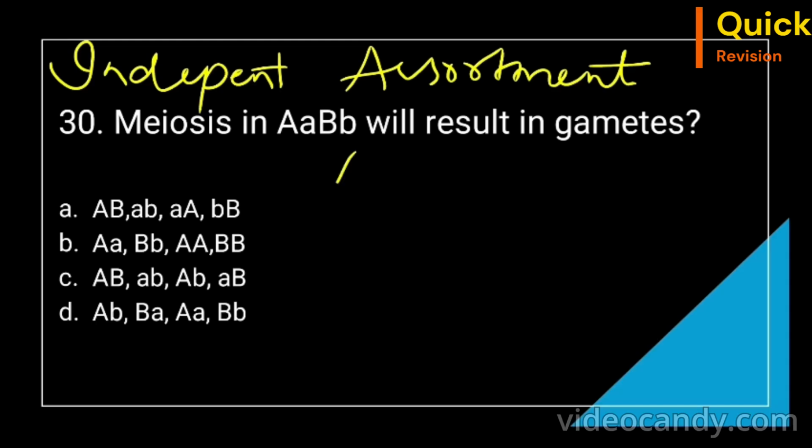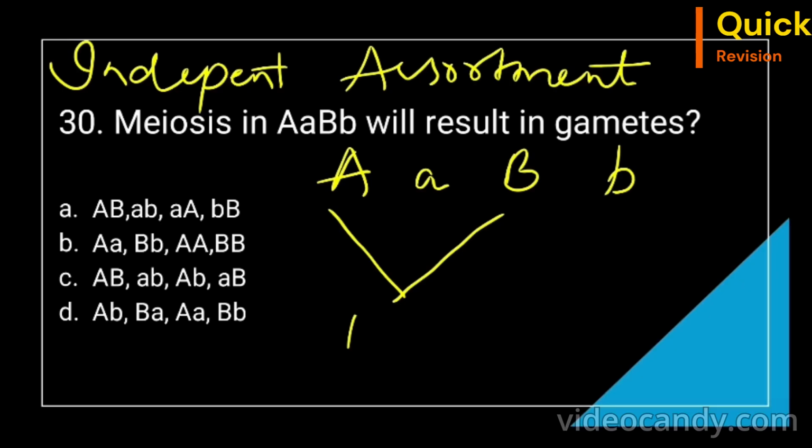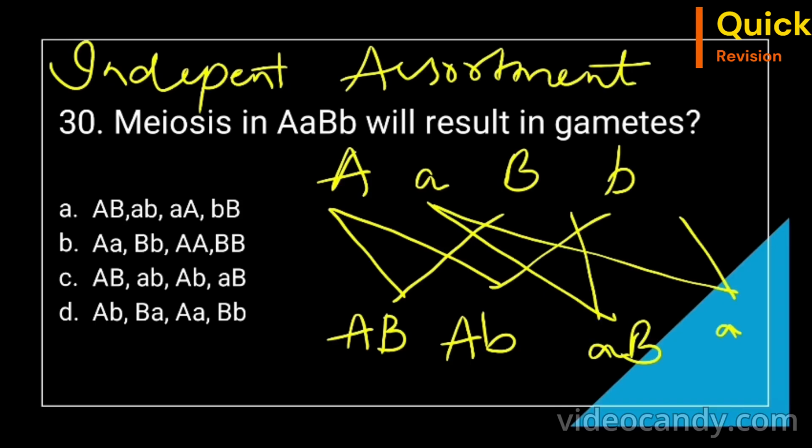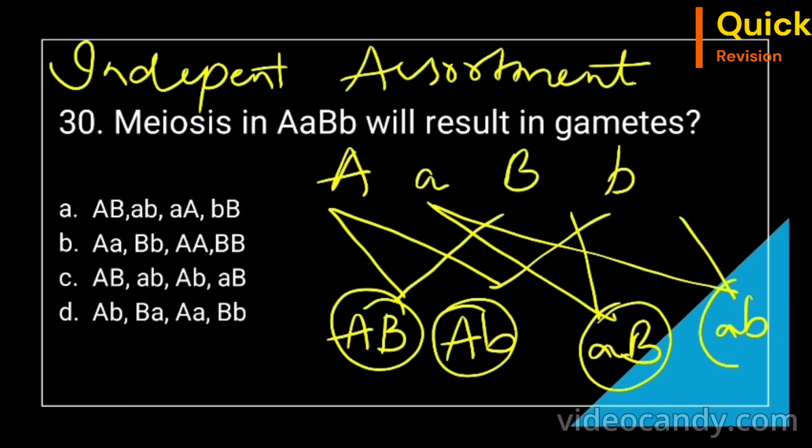Capital A small a, capital B small b, so they can have a combination of capital A capital B, capital A and small b, small a and capital B, and small a and small b. So all these combinations of gametes can occur. So where is our answer in this? It's in option number C.